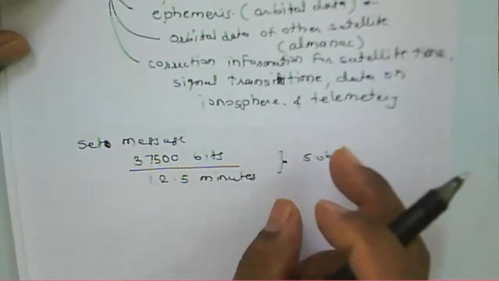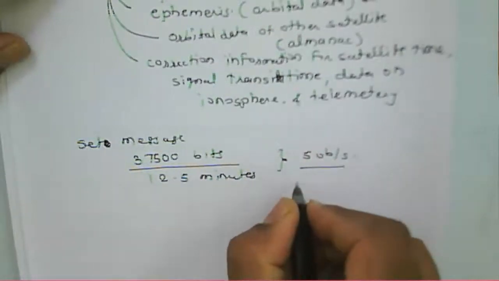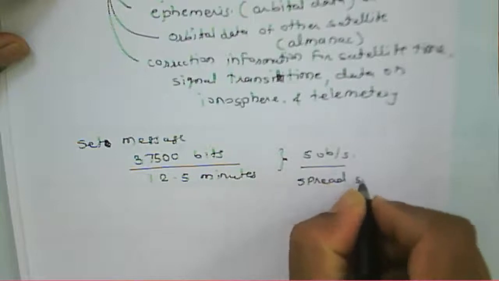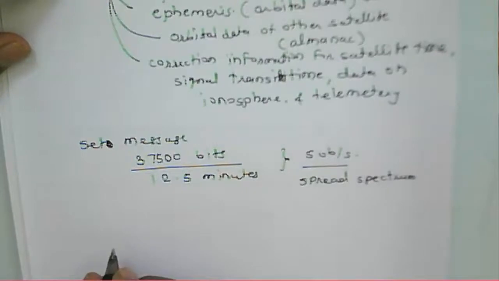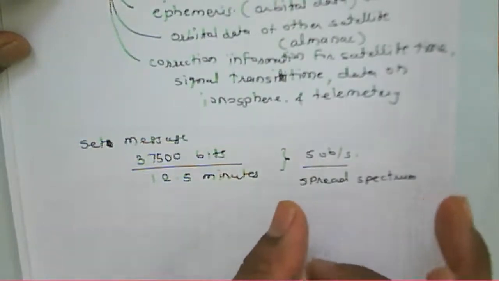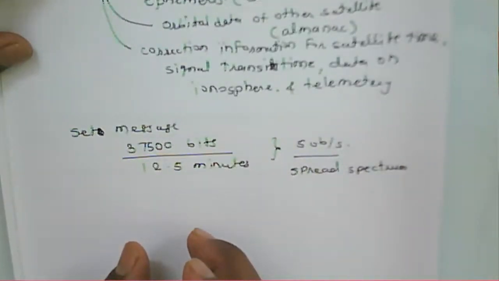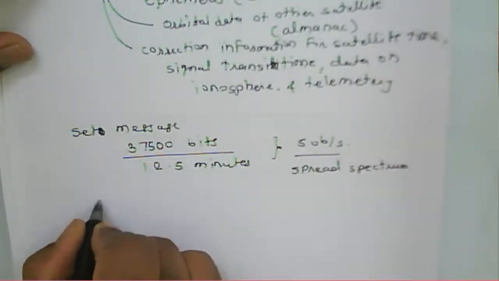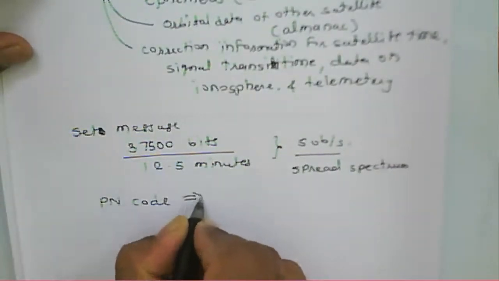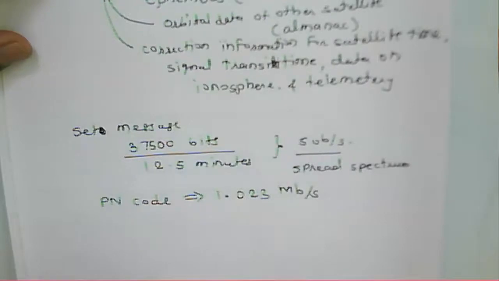It is transmitted, and that low speed data is transmitted using the spread spectrum technique, or you can say the direct sequence spread spectrum technique, with modulation by the modulator in addition with a pseudo random code, a PN code of 1.023 megabits per second.